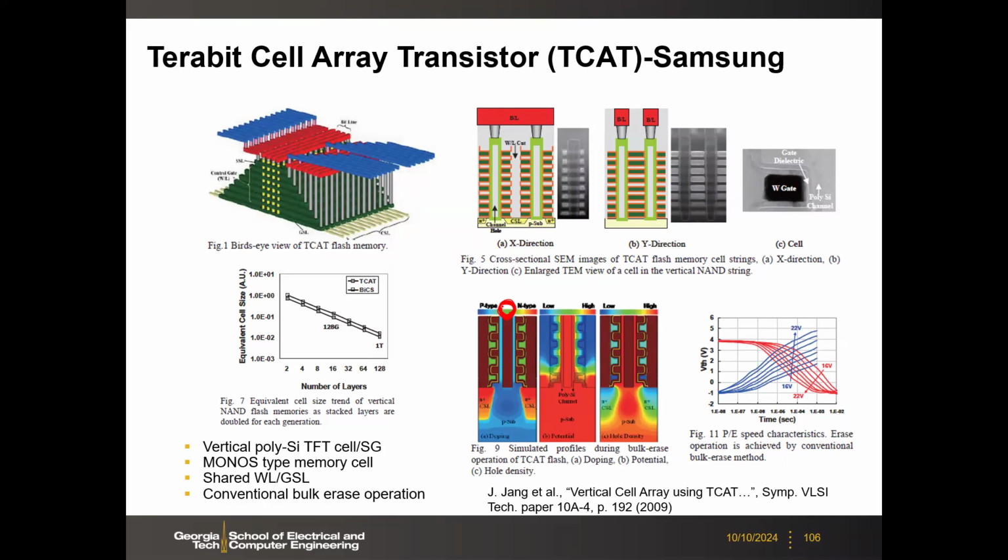And instead of GIDL currents, in this case they use bulk erase, so the erase is still from the substrate. There are subtle differences, but overall the architecture is very similar. They also switched from the polysilicon control gate to the tungsten control gate. That sounds like an improvement here and there, but the overall architecture is the same.